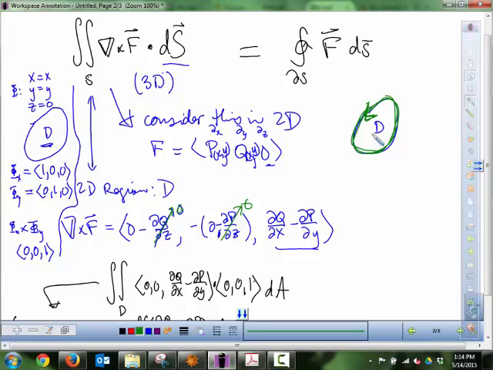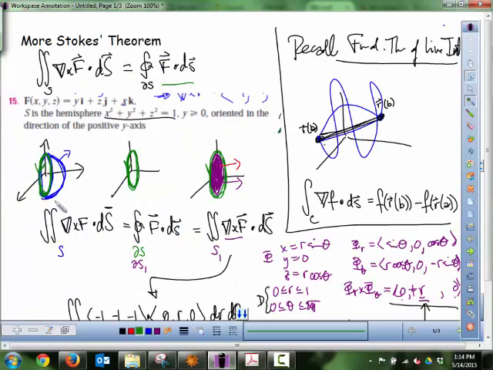I'm walking over here, and as I'm walking on the boundary, the region itself is on my left side. Okay? The lake is on the inside, on the left.